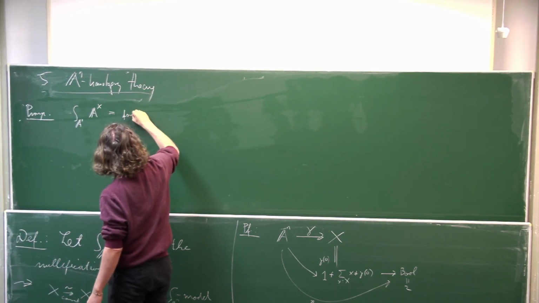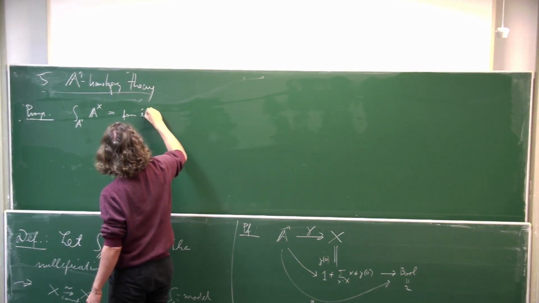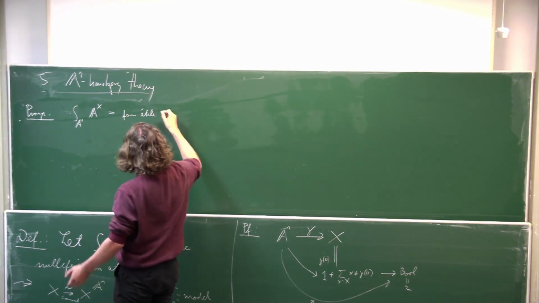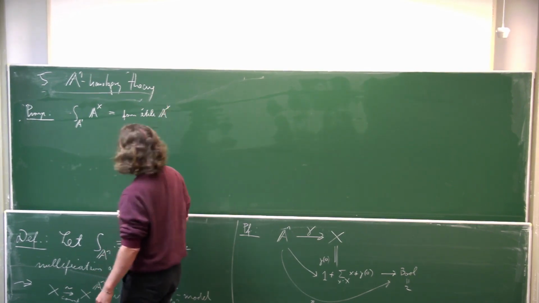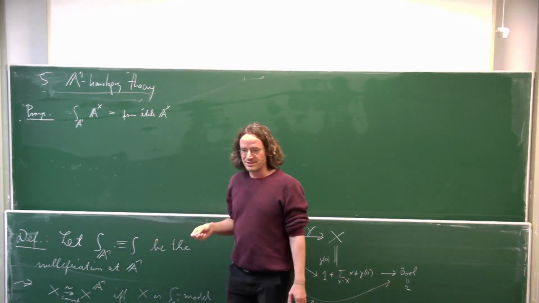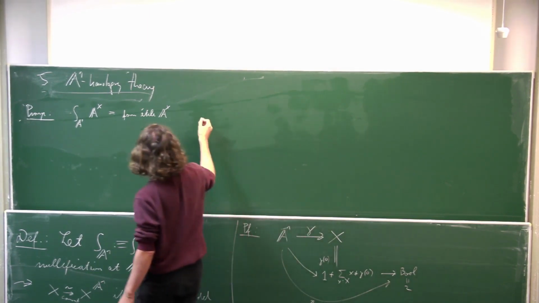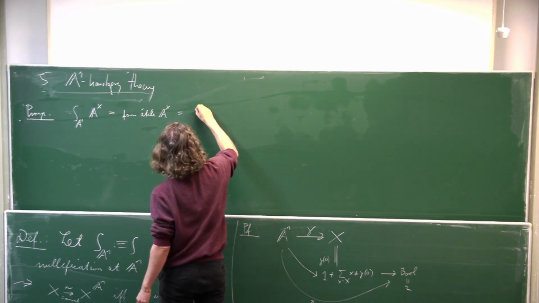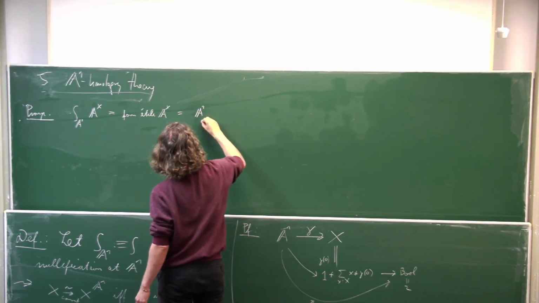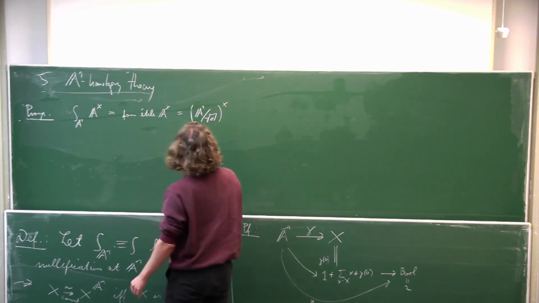So we have only to slightly correct by taking the formally étale replacement, which looks almost the same. So this happens to be A1 viewed as a ring and units in that.